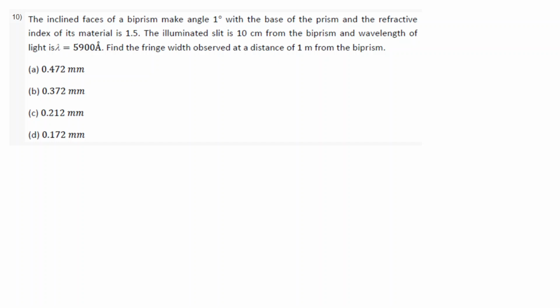Next question, which is the last question: inclined faces of a biprism make an angle of 1 degree with the base of the prism. That is the base angle. The base angle of the prism is 1 degree and the refractive index of the material is 1.5. The slit is 10 centimeter from the biprism.